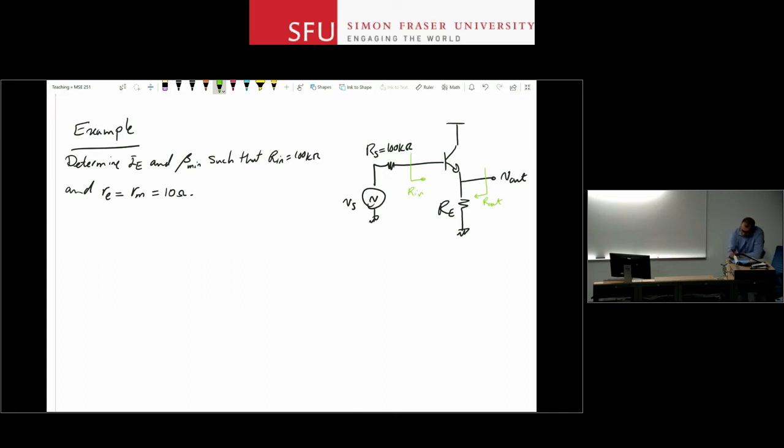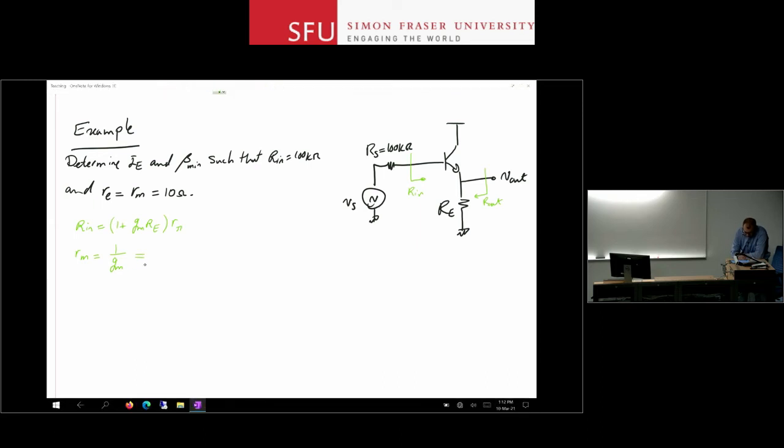So what I can do is go back to my formulas and recall that R in is 1 plus GM RE times R pi. Okay? And then RM is 1 over GM, or RE is almost 1 over GM. So let's just assume they're equal. If this is 10 ohms, I can start from here.